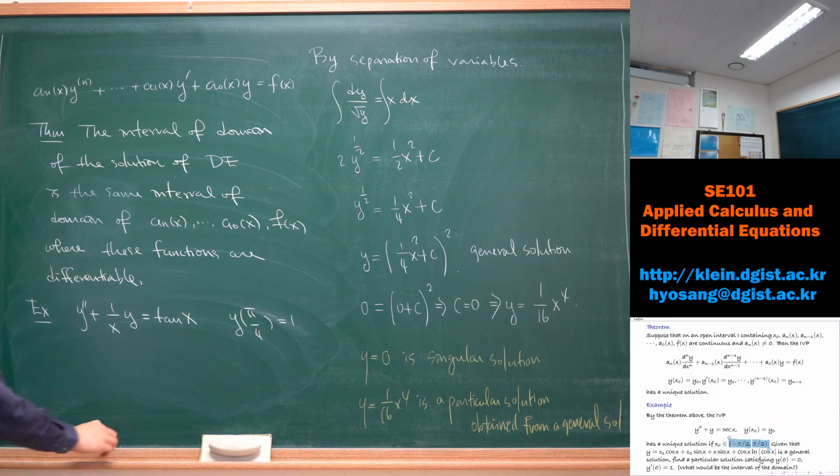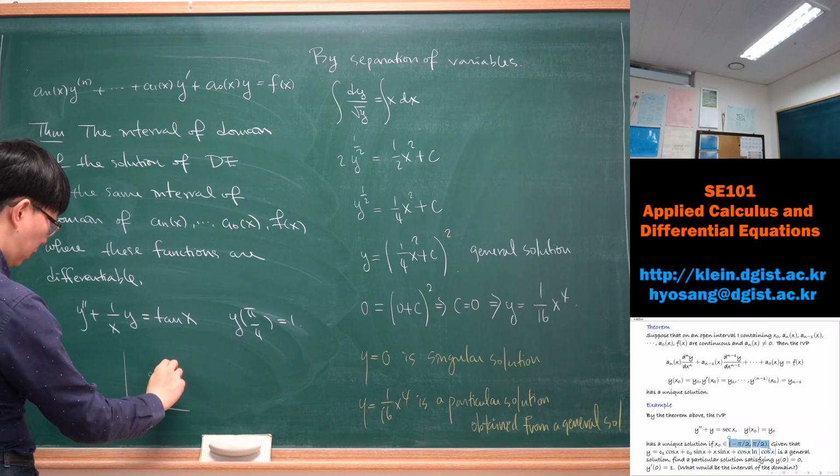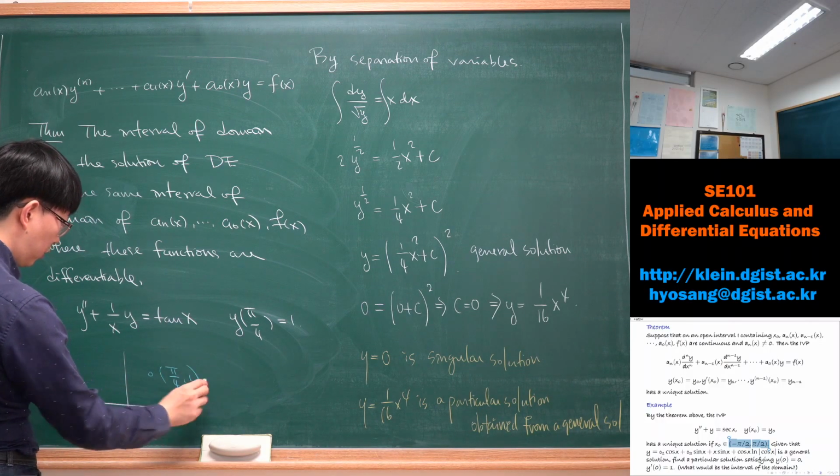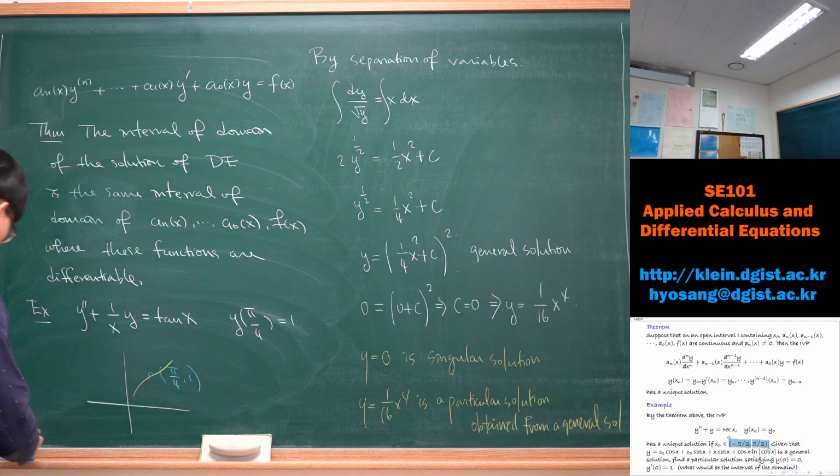Now, it means that if I find a solution, then it will pass through the point in the plane given by pi over 4, 1.